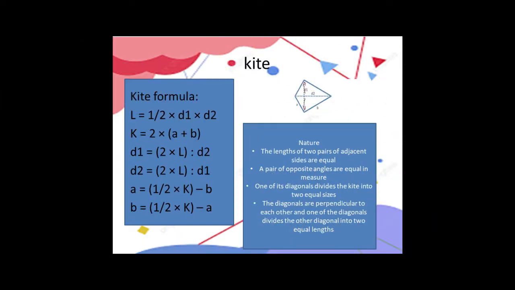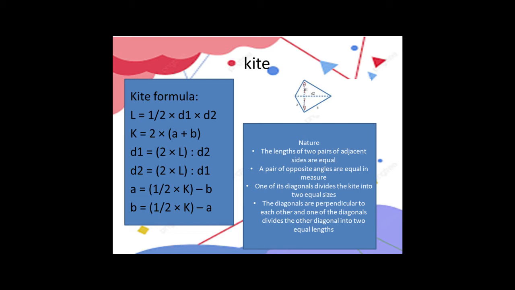Kite formula. Area equals 1/2 multiplied by diagonal 1 multiplied by diagonal 2. Circumference equals 2 multiplied by (A plus B). Diagonal 1 equals (2 multiplied by area) divided by diagonal 2.